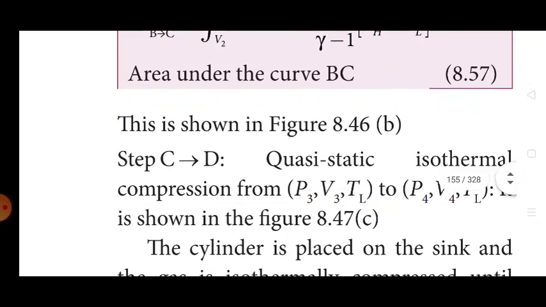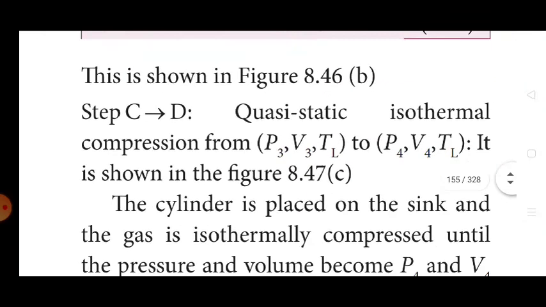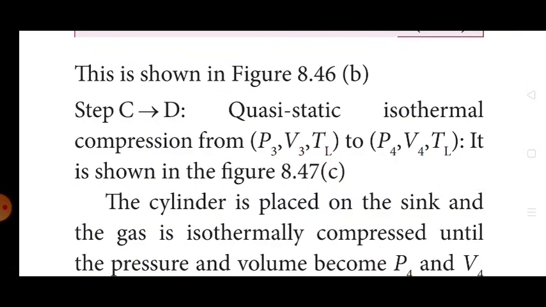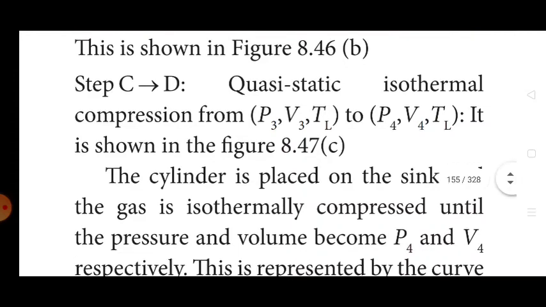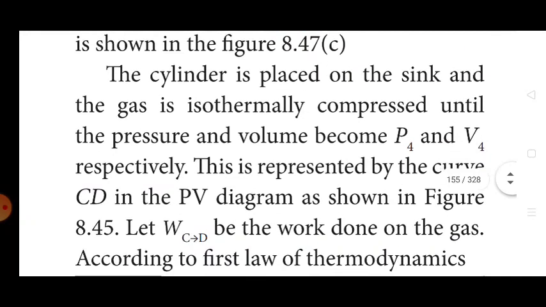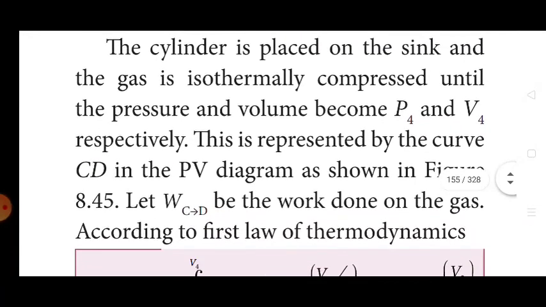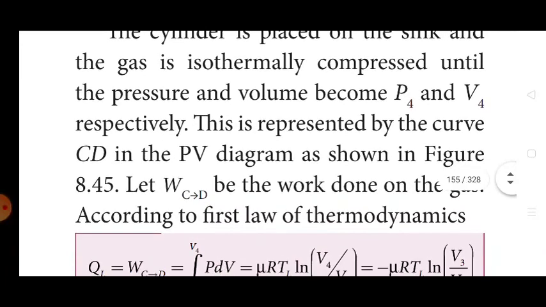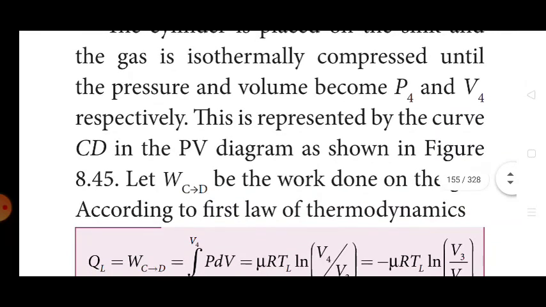So step C to D, quasi-static isothermal compression from P3, V3, TL to P4, V4, TL. The cylinder is placed on the sink and the gas is isothermally compressed until the pressure and volume become P4 and V4 respectively. This is represented by the curve CD in the PV diagram.